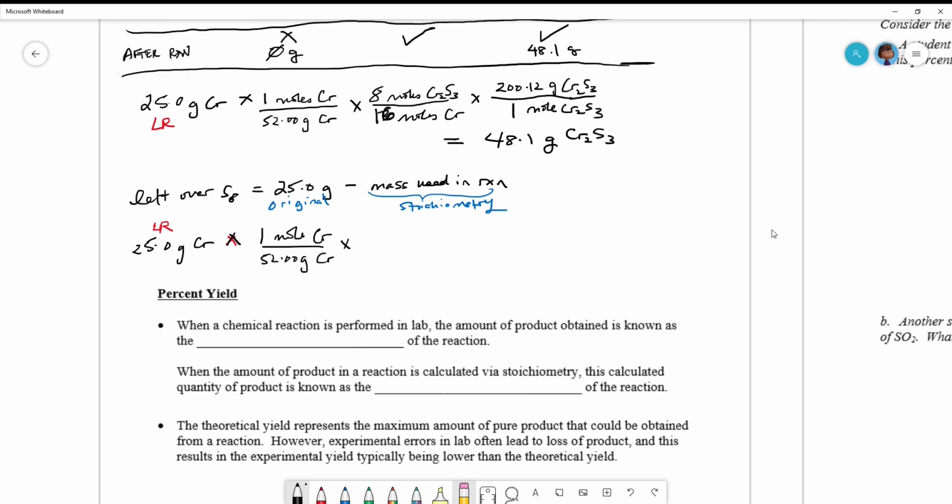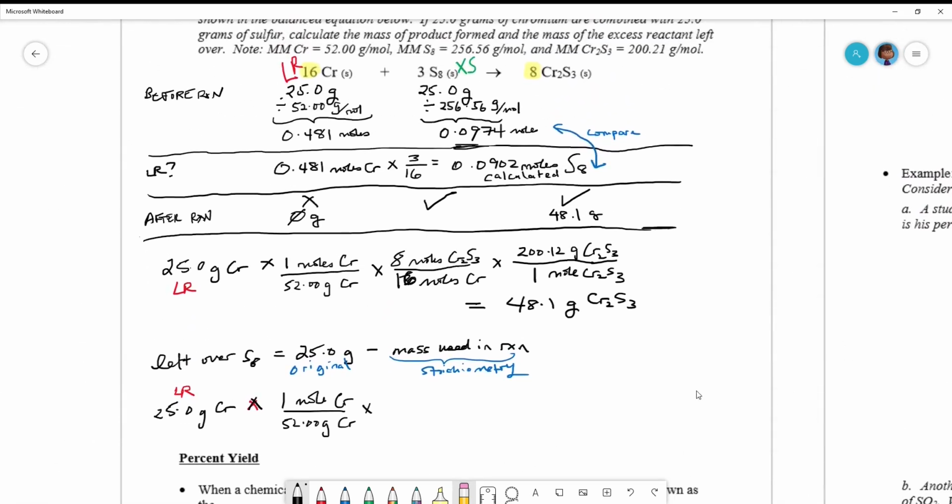Now this time, let's just scroll back up here. The mole ratio that we're interested in is the ratio between chromium, the limiting reactant, and sulfur. So times 3 moles of sulfur for every 16 moles of chromium.